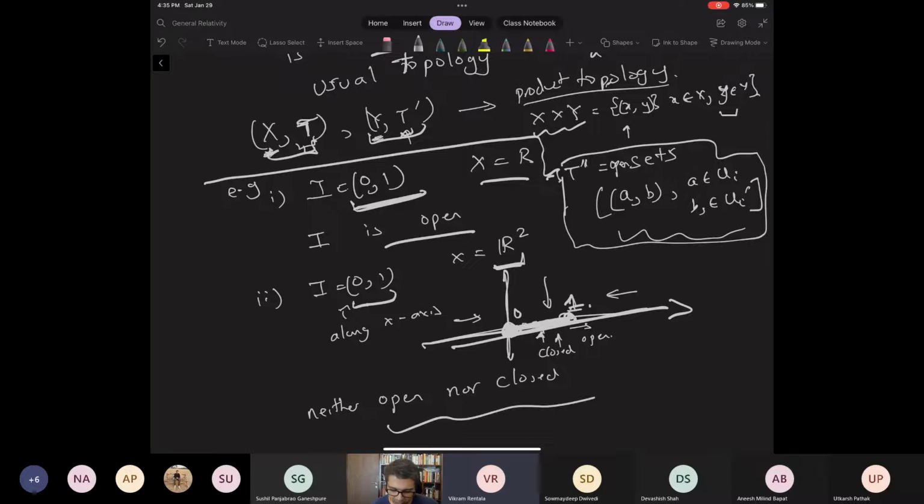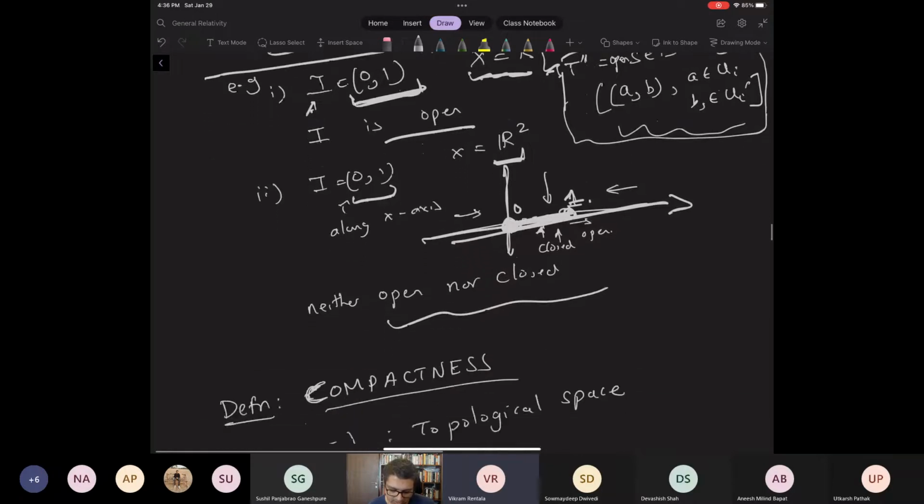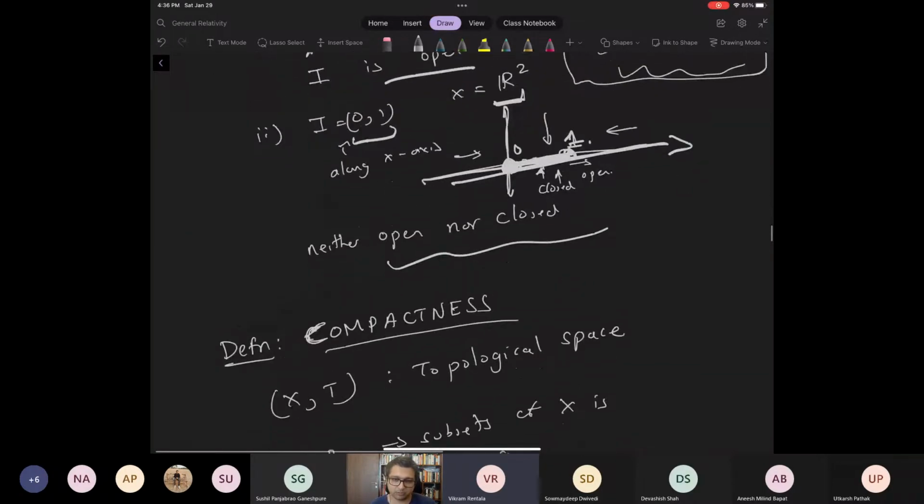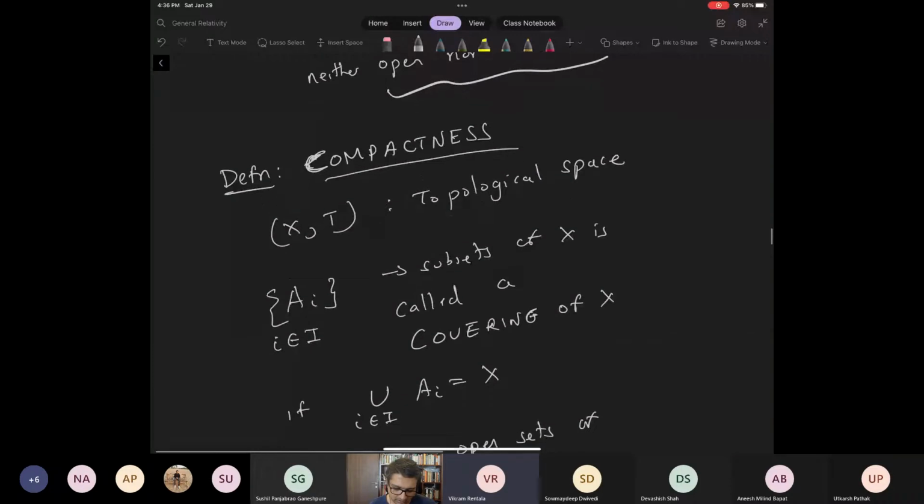So this is neither open nor closed. So it depends. It's not just that I can look at the subset A. I have to look at what is the space in which this set is embedded to talk about whether it's a closed set or an open set, under this definition of topology.